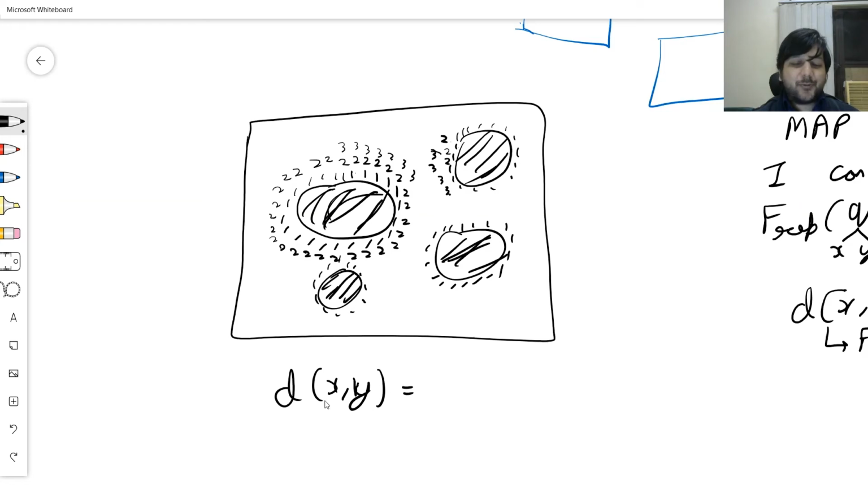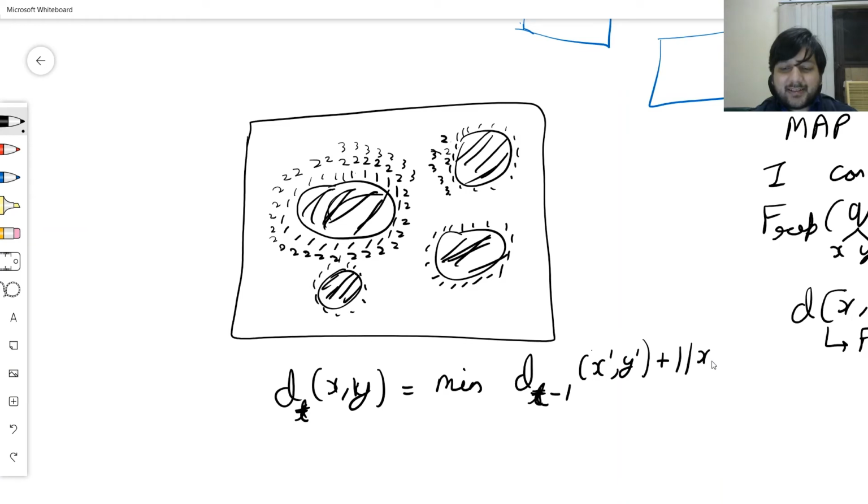So I'd say the distance of a point xy at a time t is nothing but the minimum of the distance between xy and neighbors, minimum at time t minus 1, the distance of any point x dash y dash from the neighbors plus the physical distance between xy and x dash y dash, where x dash y dash is a neighborhood function.